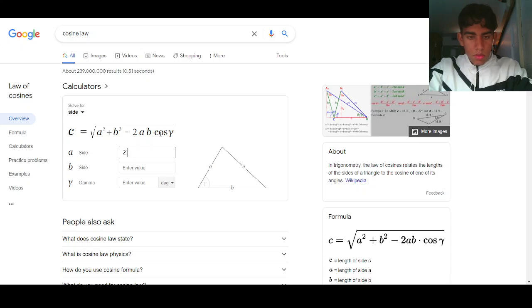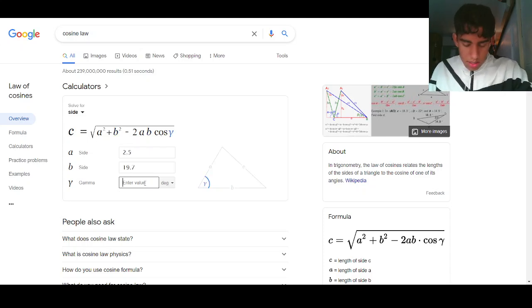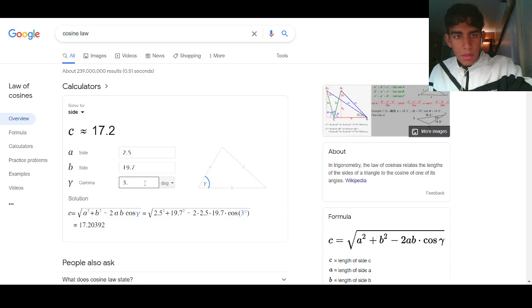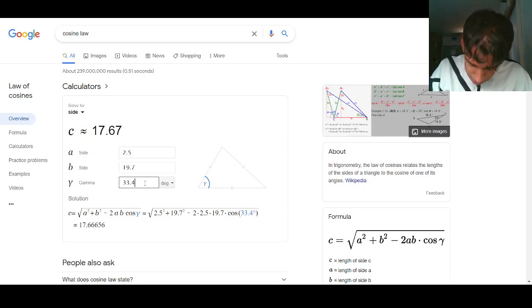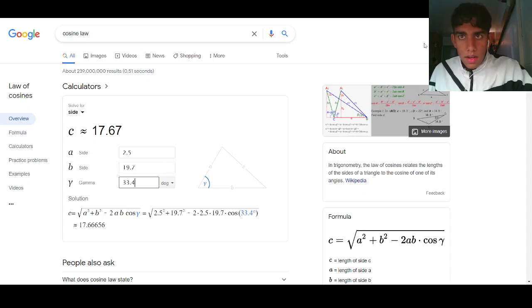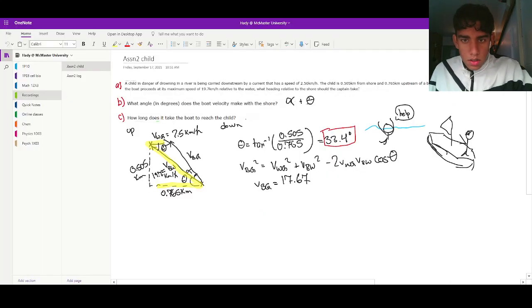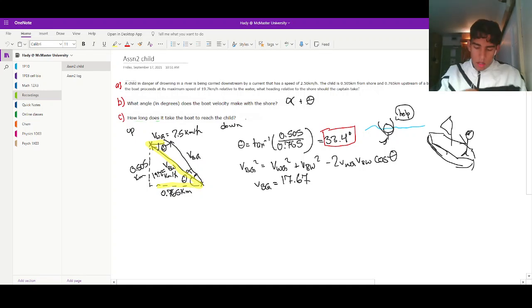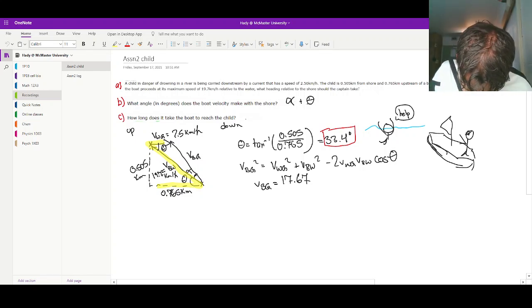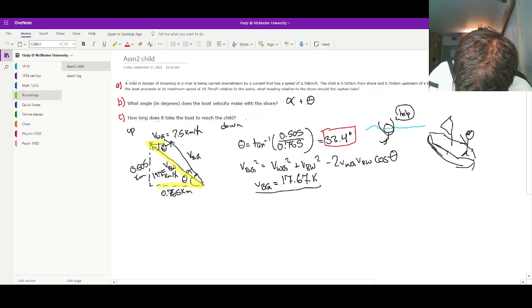We'll do 2.5, 19.7, and the theta we found from the previous one. So we have the velocity of the boat to the ground is equal to 17.67 kilometers per hour. Okay.